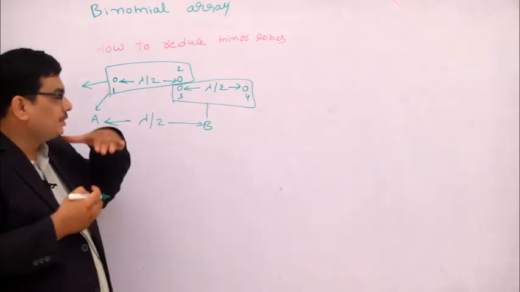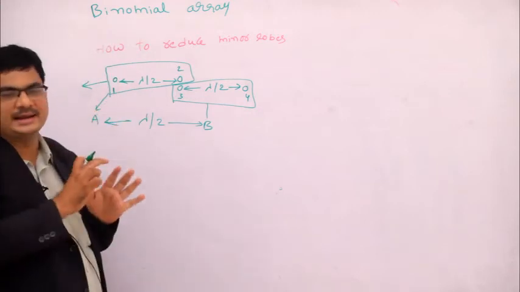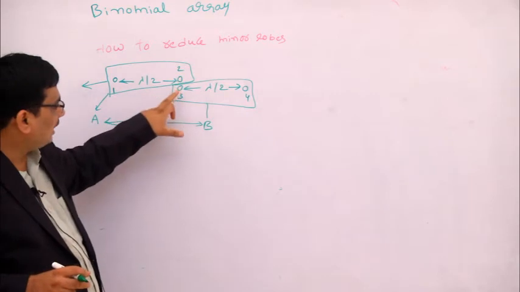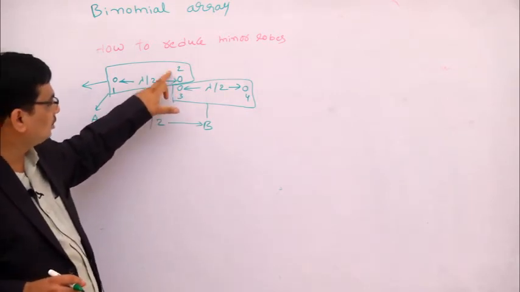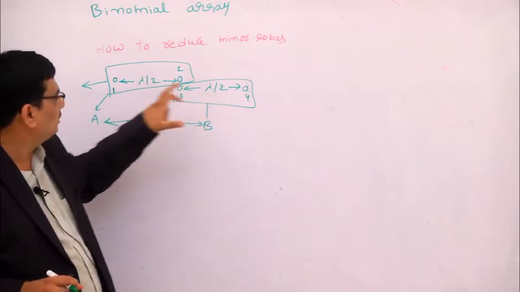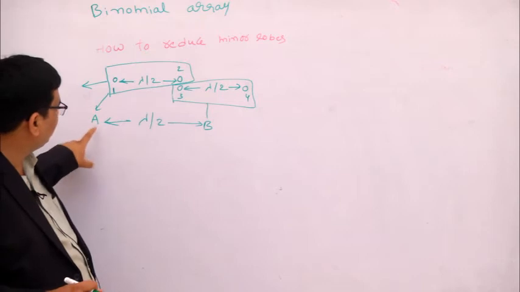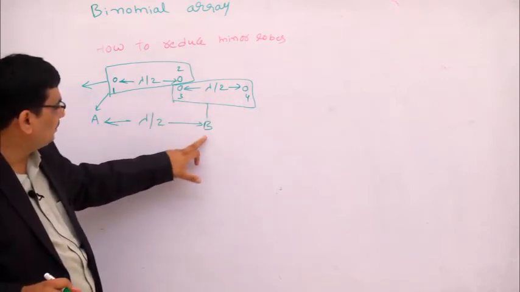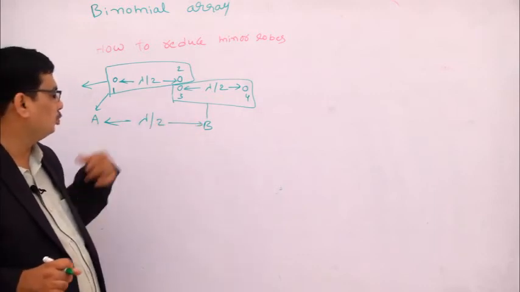So to reduce the minor lobes using a binomial array, we are rearranging our elements: 1, 2, and the third element also starts from below the second element, 3, 4. So 1 and 2 are taken as one element, that is A, and 3 and 4, separated by a distance lambda by 2, is B. So the total distance between these two elements is lambda by 2.